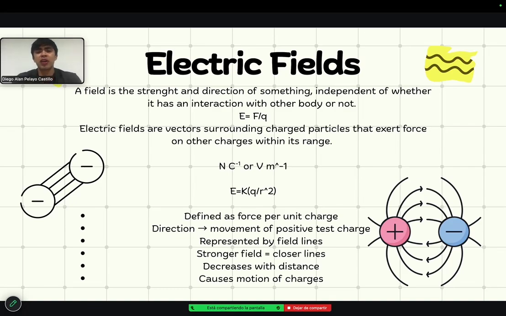A way to describe electric fields overall is how a charged object affects the space around it. Instead of thinking that charges only interact when they touch, we say that every charge creates its own electric field around it, and any other charge placed in that field will experience a force.